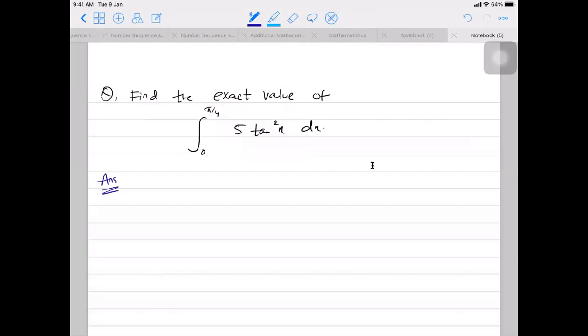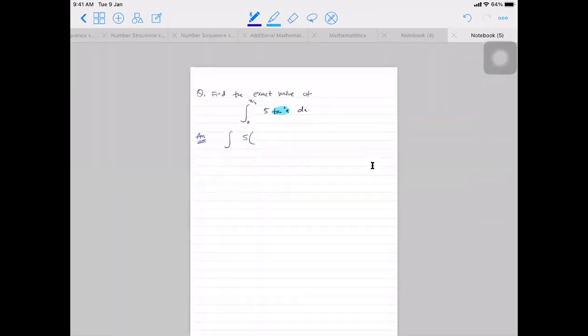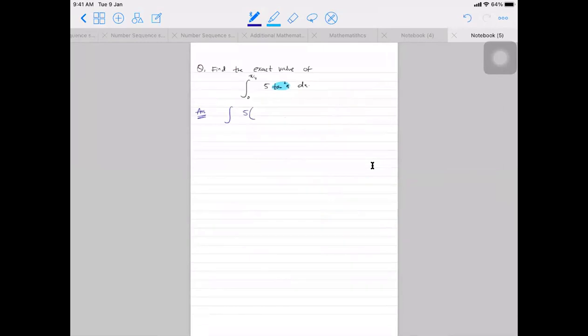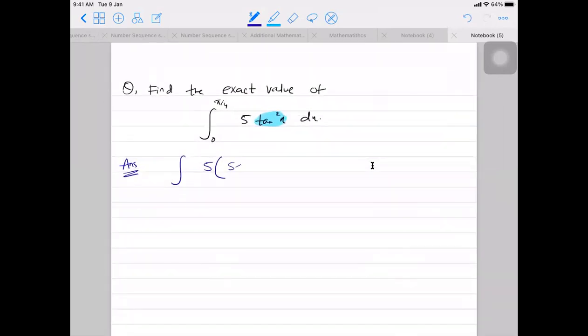The first step is that you identify that it's a power of tan x. So if it's tan square x, you just have to use the identity. What was the identity? Secant square x minus 1. So I'm going to replace tan square x with secant square x minus 1. Everything stays the same. That's my first step.